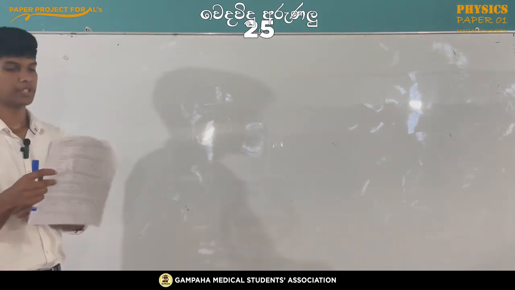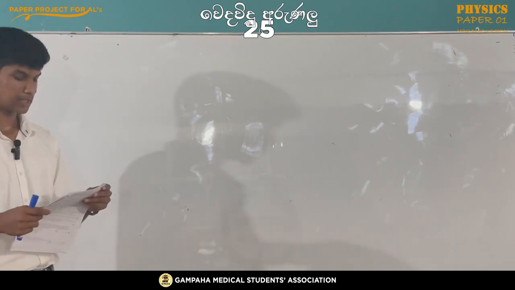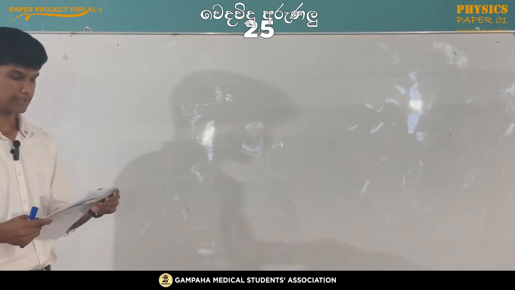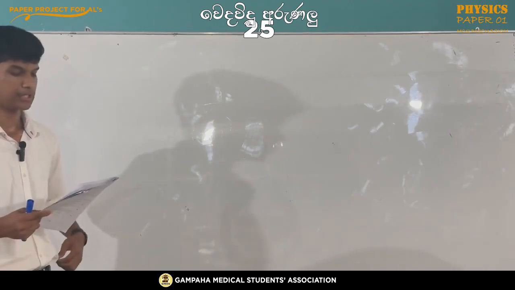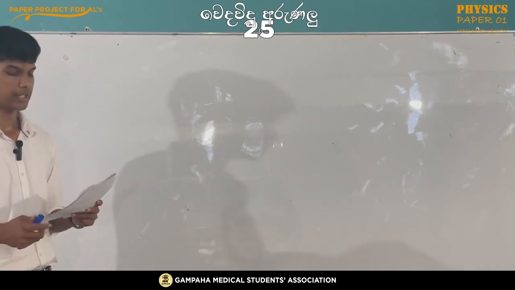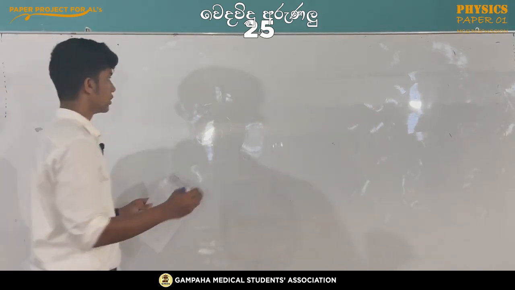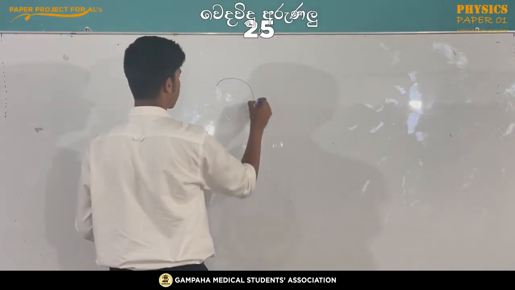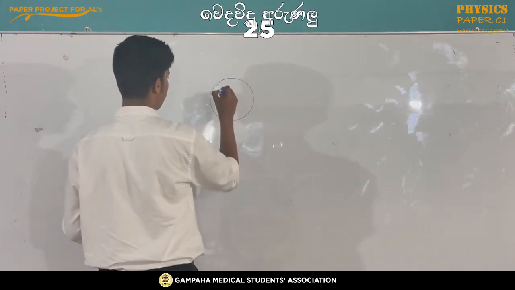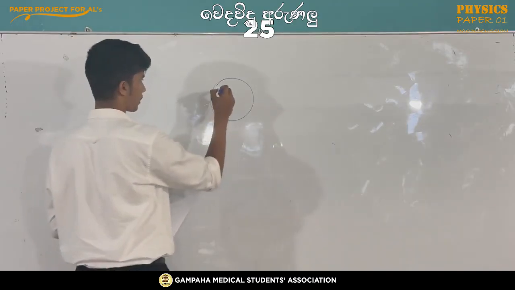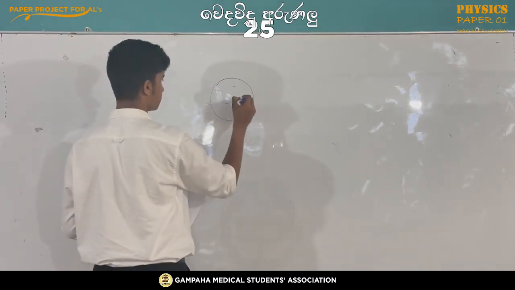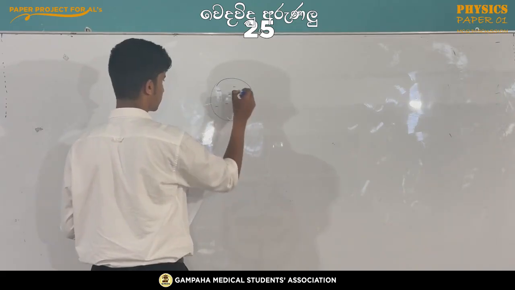In question number 31, select the correct answer showing the variation of electric field strength and electric potential with distance r around an isolated negatively charged non-conducting dense sphere. Inside a non-conducting dense sphere, there are charges within the sphere. This is negatively charged.